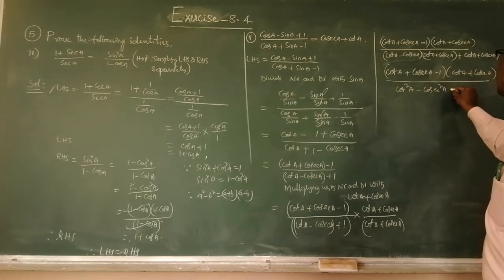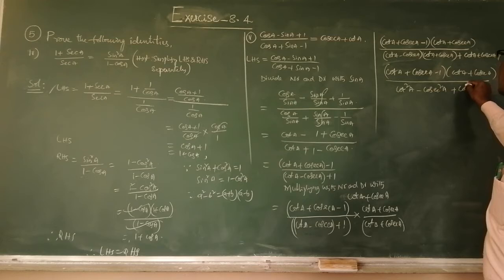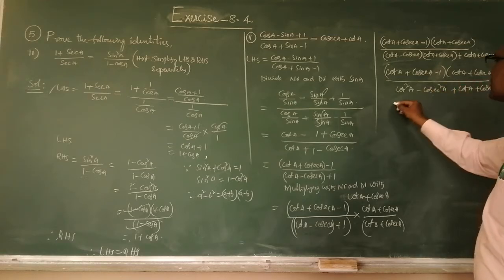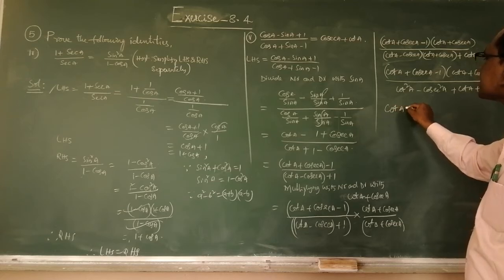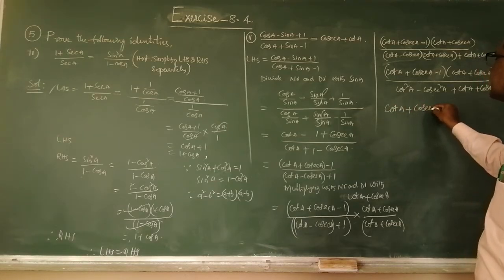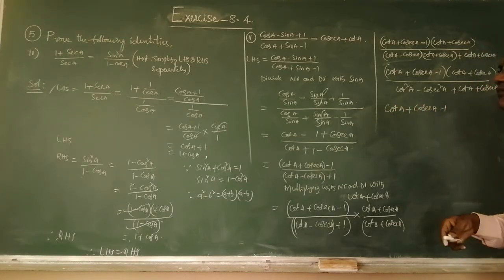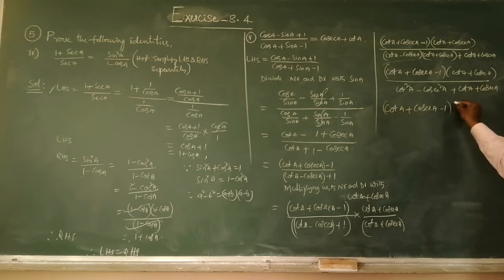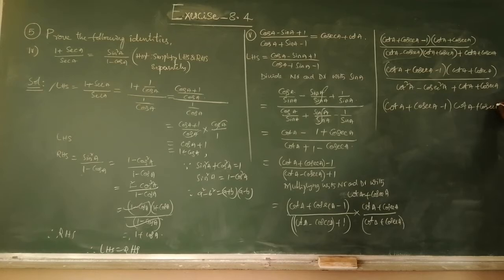Then you have to write plus cot A plus cosecant A.